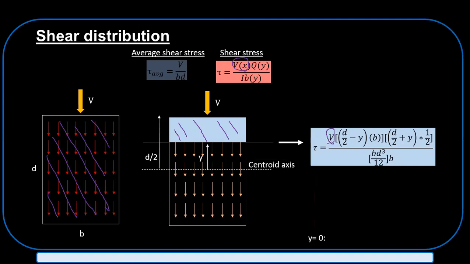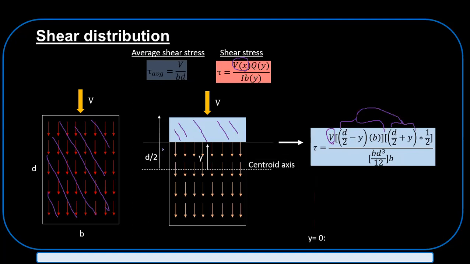is multiplied by this area, and then Qy is actually the first moment of area, so that is the area into the distance to the center, right?